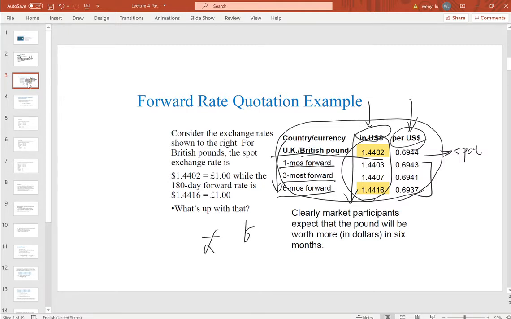With time to maturity, 1 month, 3 months, or 6 months later, the numbers go up. The same pound gets more dollars. So clearly, market participants expect the pound will be more valuable, or you can say worth more in dollars, in 6 months.